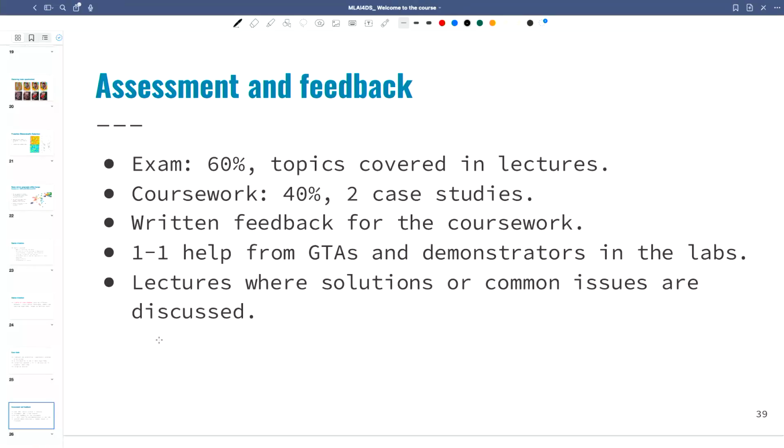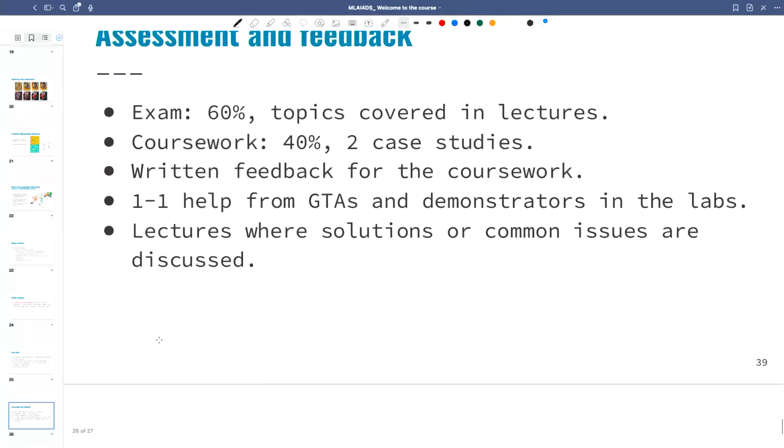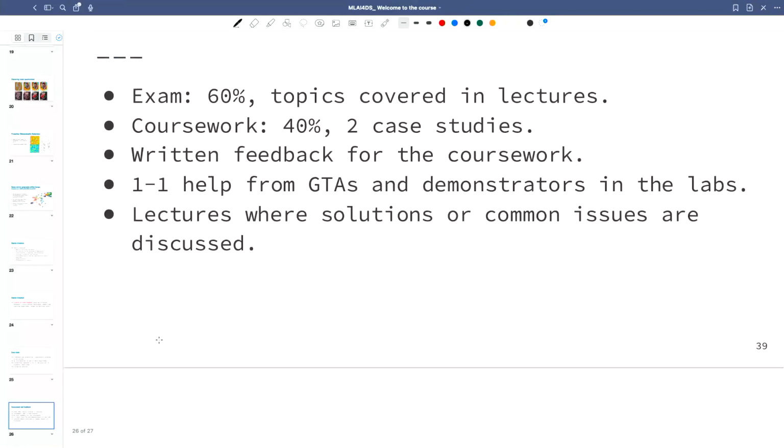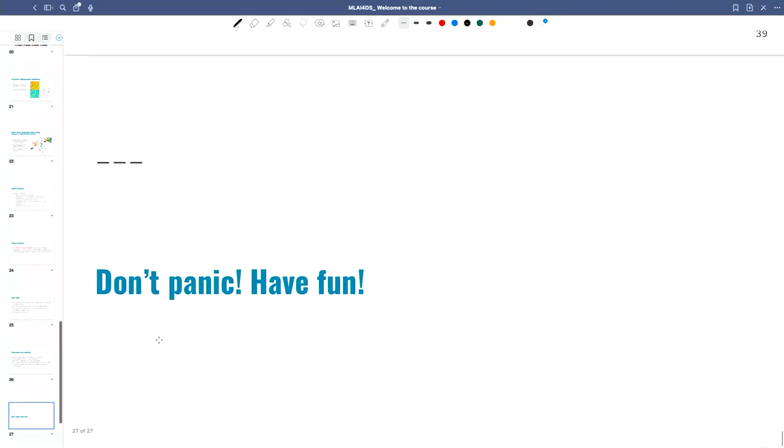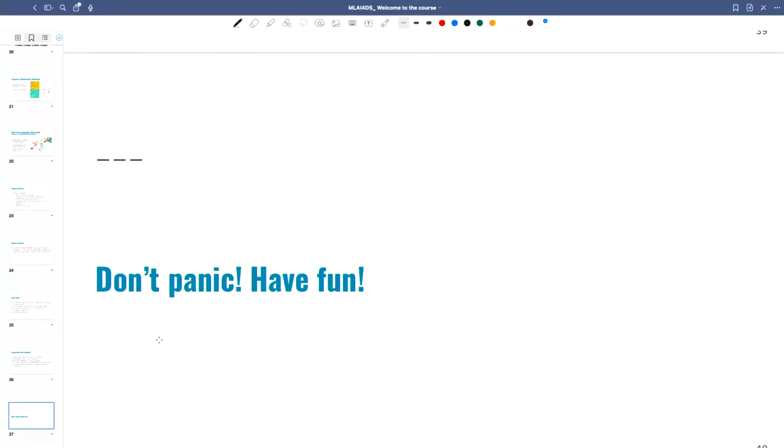I myself would come to labs. And in lectures we're going to discuss the solutions and common issues that you might have. It's not just about the theory, you're going to see a lot of coding points using scikit-learn as well.